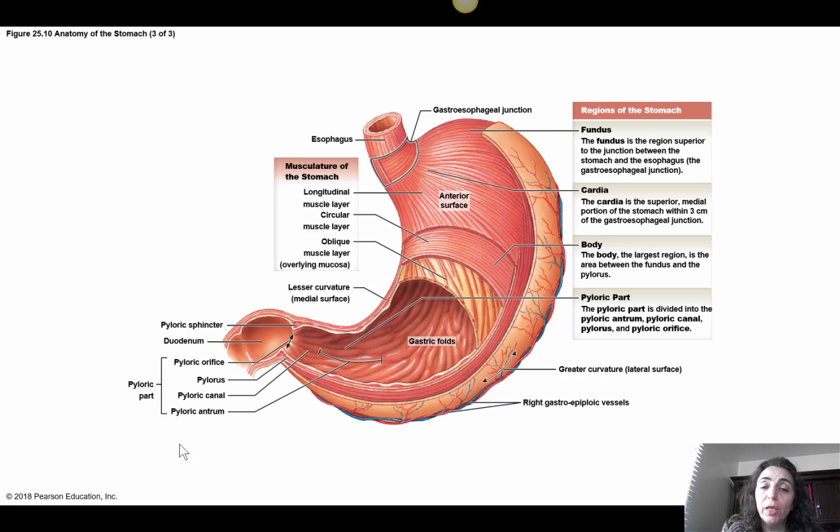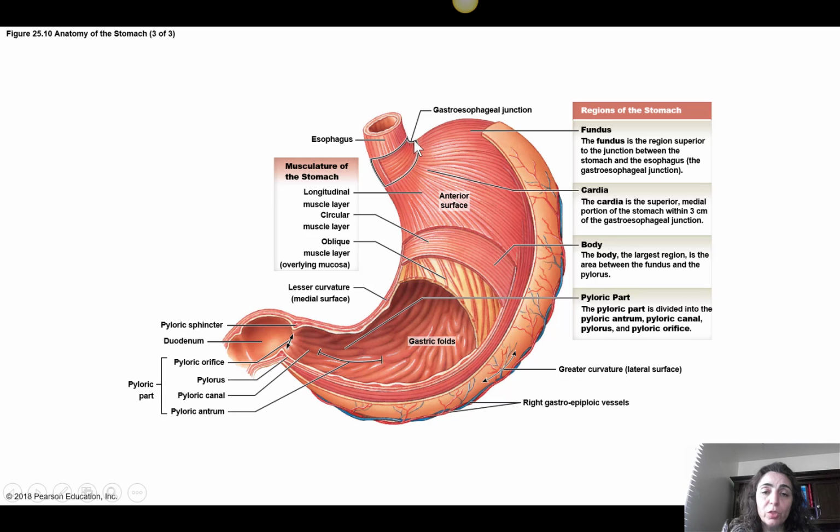So here you're looking at the gross anatomy of the stomach. Here you see the intraperitoneal part of the esophagus. Then you have here the gastroesophageal junction. That is the connection between the stomach and esophagus. Now the first part after that is called cardia, right?